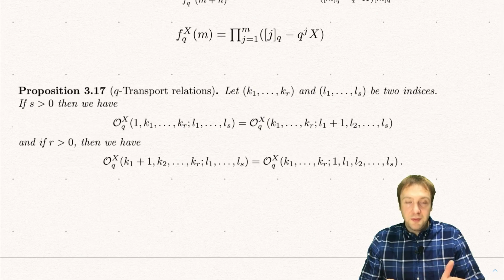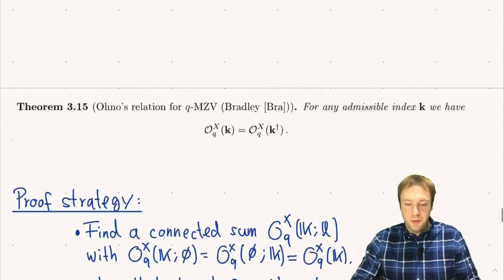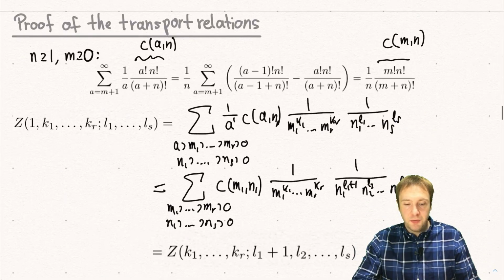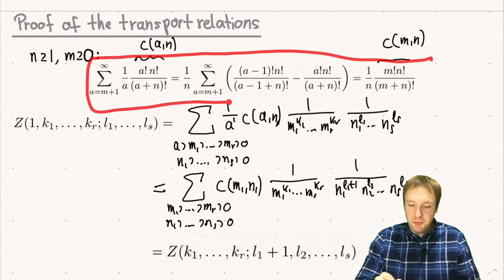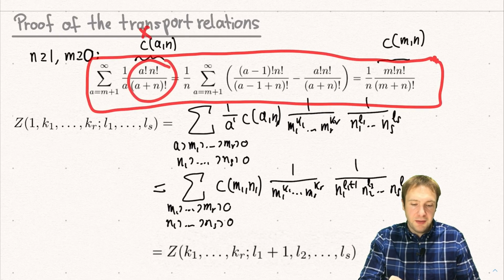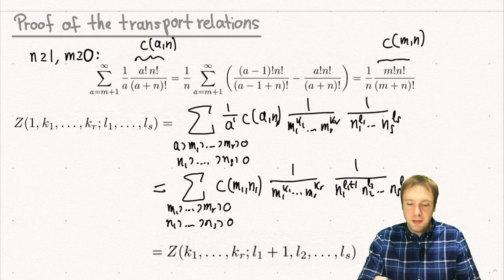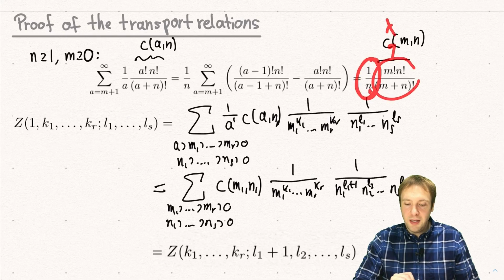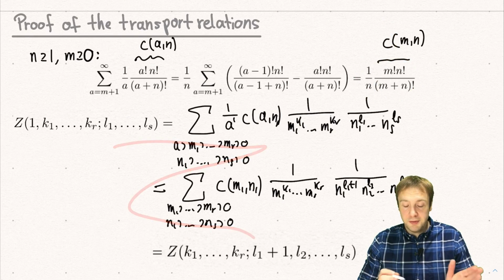And the proof of this is now homework, but the proof, if we go back here, so this was the original proof, and you will see, if you do the homework, that if you replace this connector by this x,q, and instead of 1 over a, you replace it by this summand, the same argument holds, that you get a telescoping sum here, and then you get the summand of this n here, and this connector x,q. And then you can use the exact same argument.